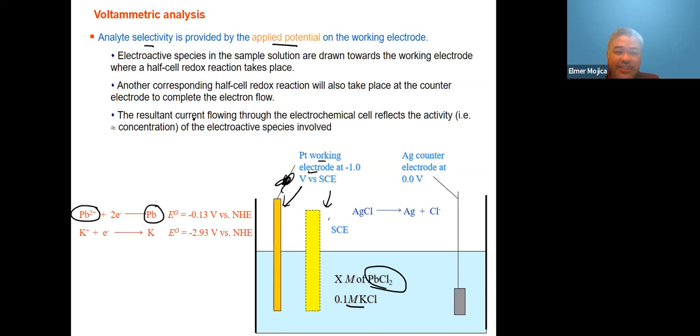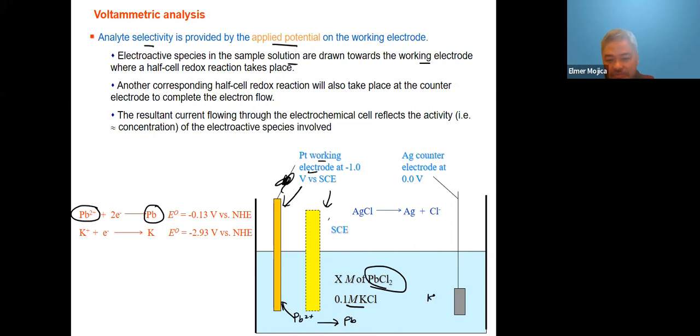Okay? So the electroactive species in the sample solution are drawn towards the working electrode where a half cell reaction takes place. So dito magkakaroon ng changes. So from Pb2+, magiging Pb. And then in addition, another half cell reaction will also take place at the counter electrode. So what's happened here?